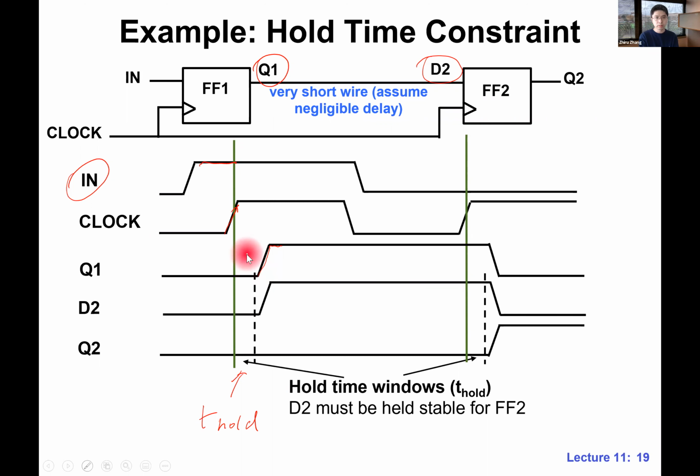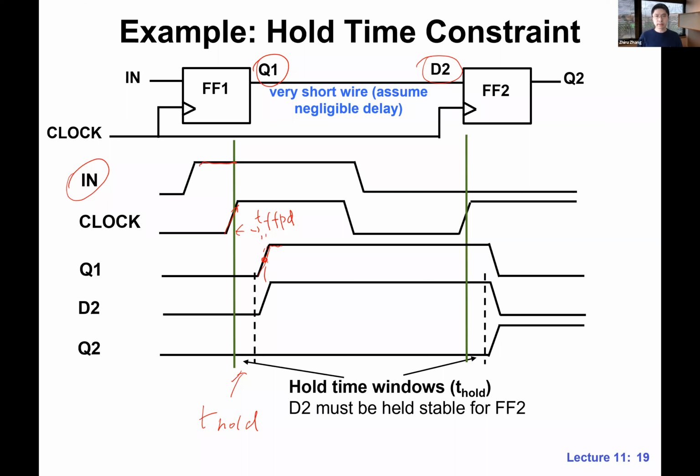What is that term? What is that parameter? What does this gap mean? T FF PD, very good. So this gap is T FF PD.